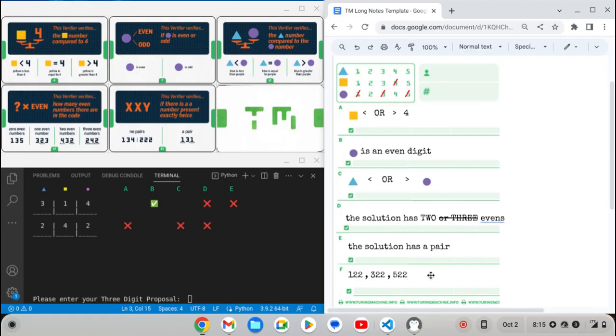So I think we might be able to deduce that triangle has to be smaller than circle. So let's go ahead and see. So let me just type up what I believe to be the answer of 122.